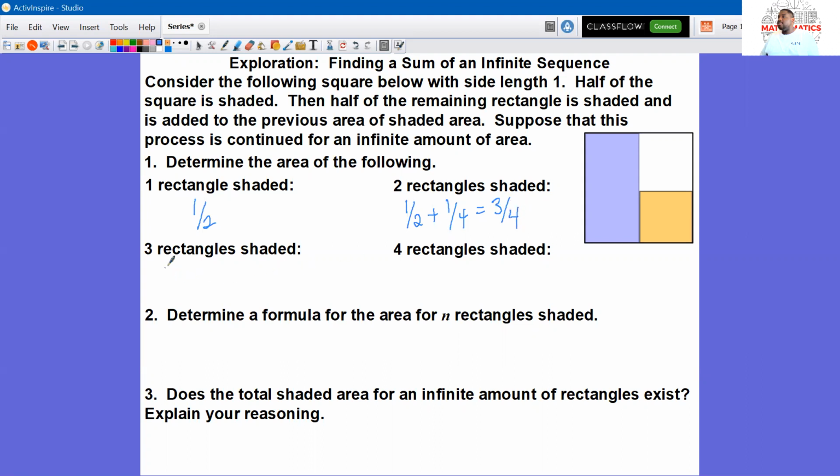Now for 3 rectangles shaded, that's 1/2 plus 1/4 plus 1/8. So that's 7/8. And then for 4 rectangles shaded, it's 1/2 plus 1/4 plus 1/8 plus 1/16. That equals 15/16.